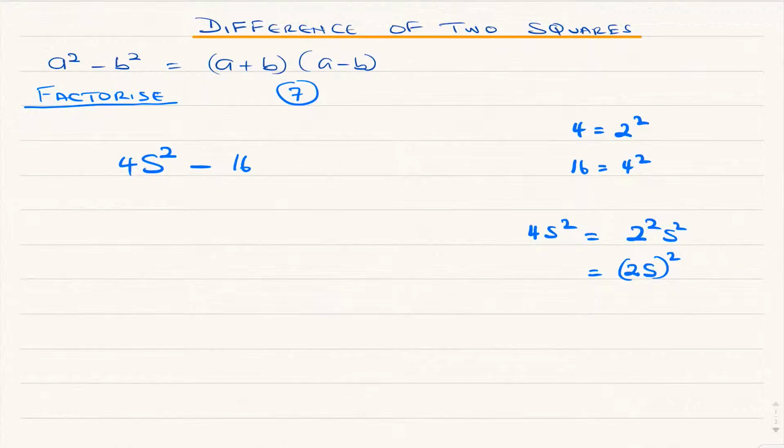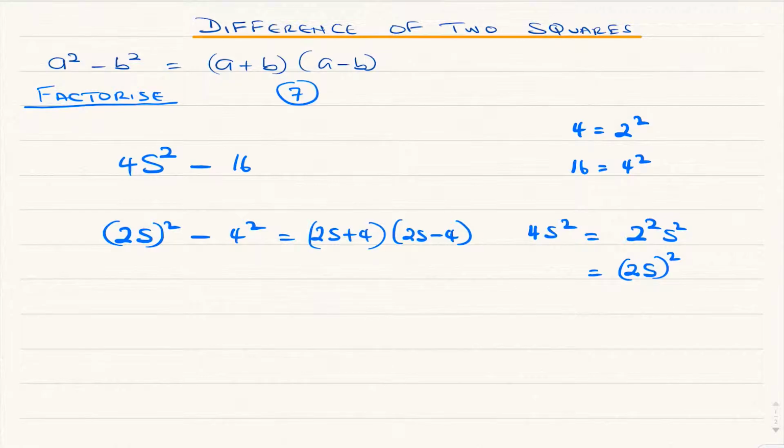And 16 is 4 squared, so we can replace all that and go 2s squared minus 4 squared, and that will become 2s plus 4 times 2s minus 4. And those are the factors. 2s plus 4, 2s minus 4.